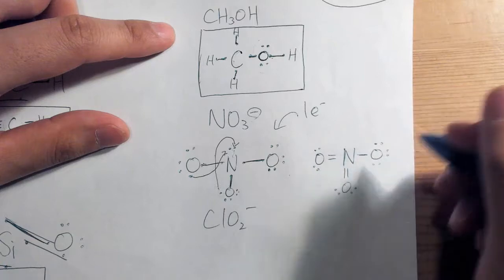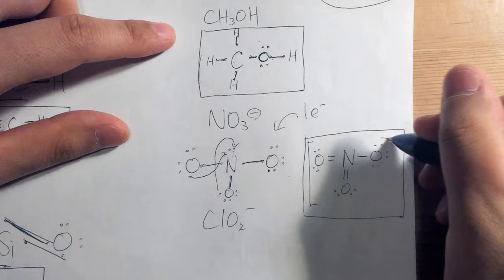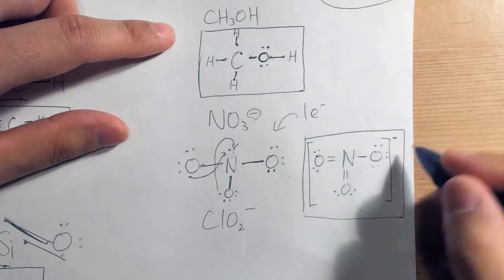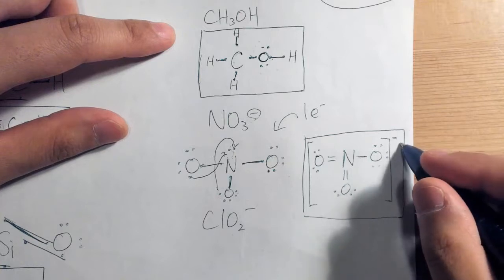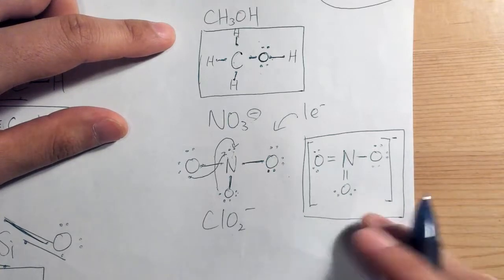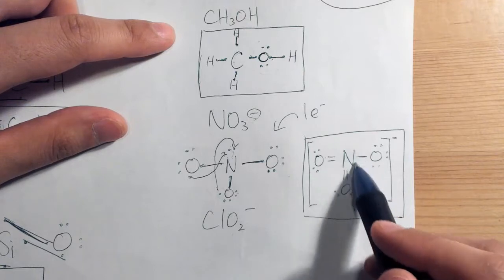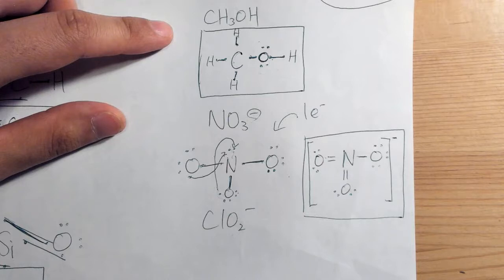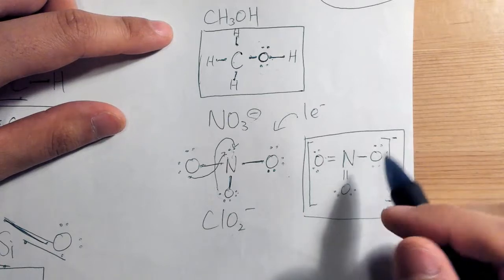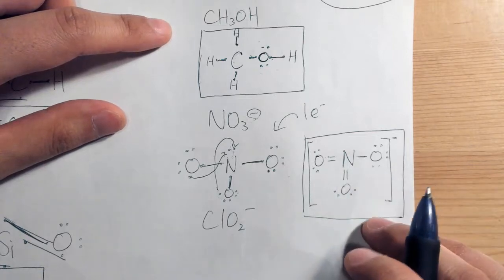So overall, this is the right structure. And remember to put a bracket with a minus charge, saying that you took one electron from the outside. So this is the right structure because 1, 2, 3, 4, 5, 6, 7, 8, 9, 10. Well, this is an exception as well, having more than 8 electrons. So this is the drawing for that.